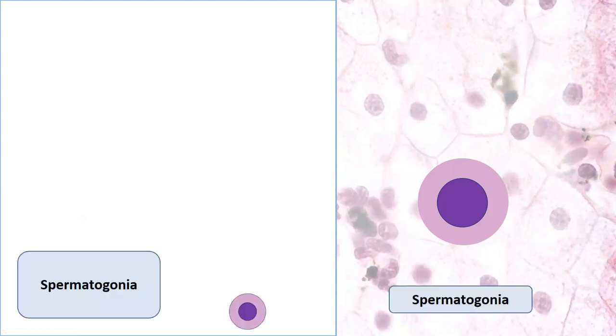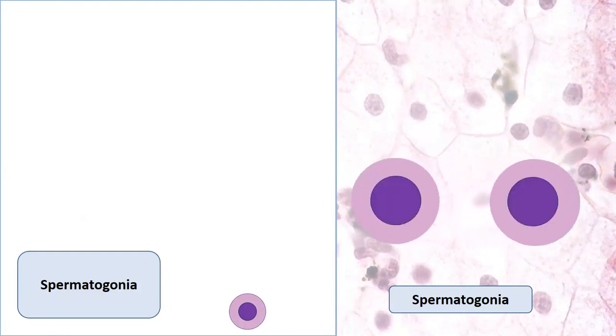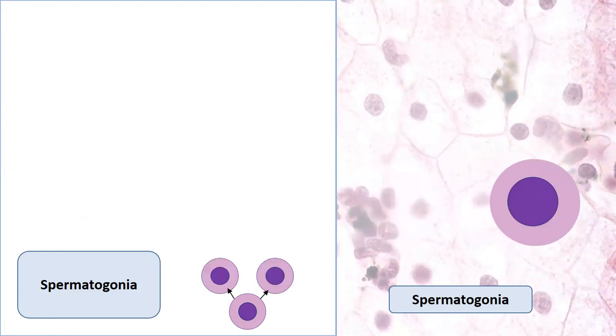And here, let's look once again and repeat the stages of spermatogenesis. Here we can see the maternal cell of all spermatogenic cells. It's spermatogonia, and numerous spermatogonia, especially type B, have numerous mitotic divisions, and their number increases. It's proliferation.